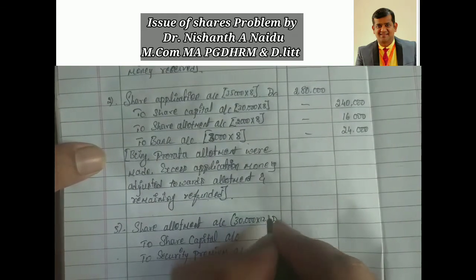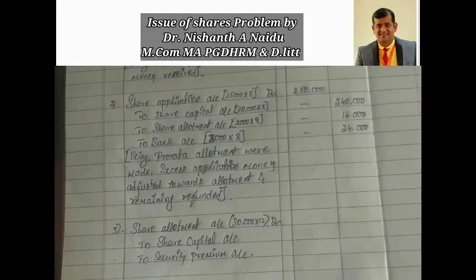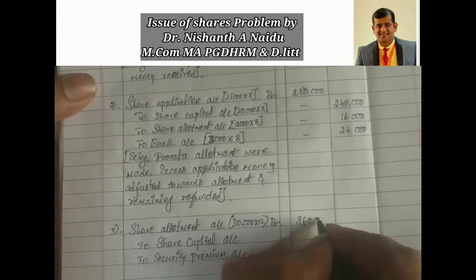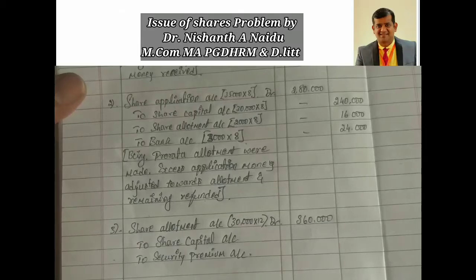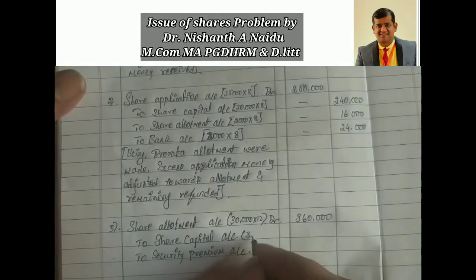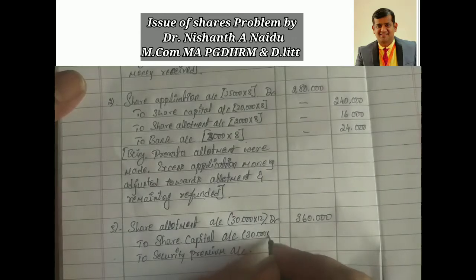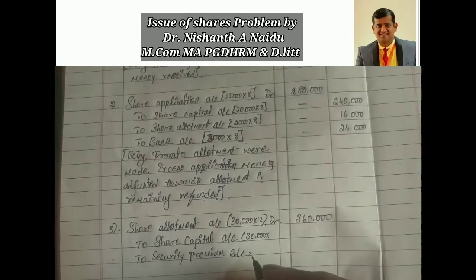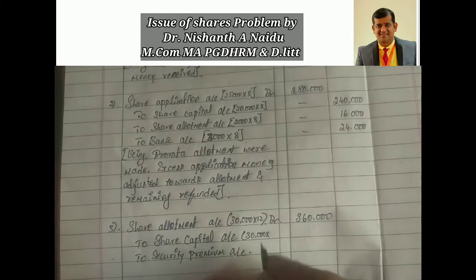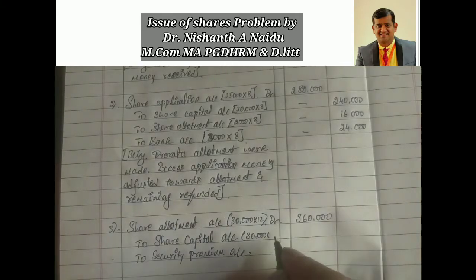12 on how many shares? 30,000 into 12. Calculate in the calculator. That comes to 3,60,000. Clear? So out of this, how much is the capital? 30,000 into, deduct the premium from the 12 rupees. If you deduct the premium of 5 from the 12, you are going to get 7 rupees.